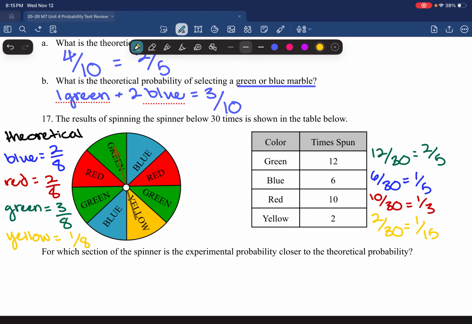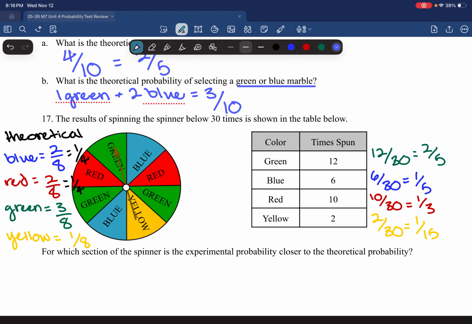All right, so I need to think about which one is closest. I'm also just going to reduce these. All right, so these are both 1/4. Makes it a little bit easier. All right, so which section of the spinner is the experimental probability closer to the theoretical probability?